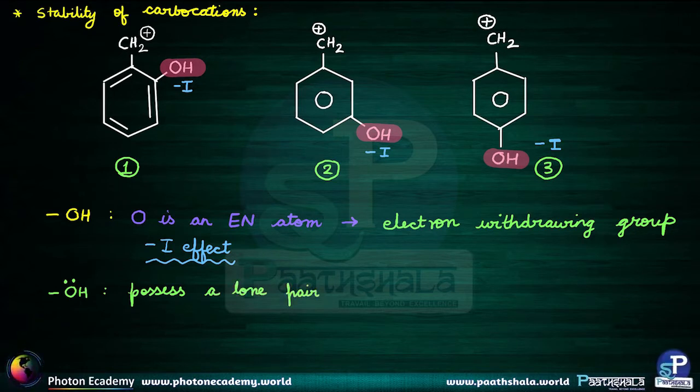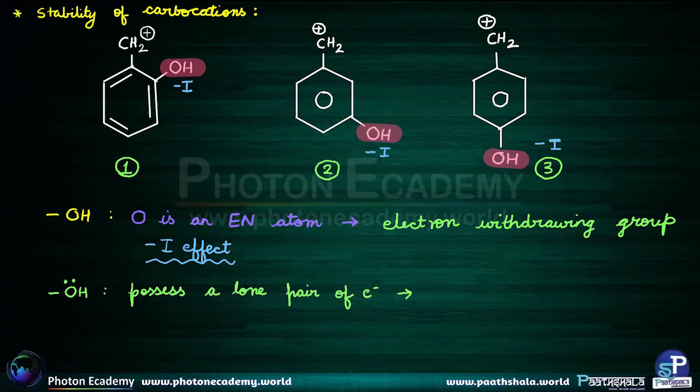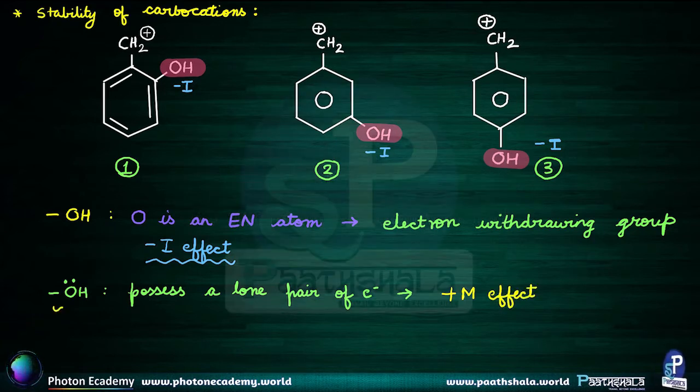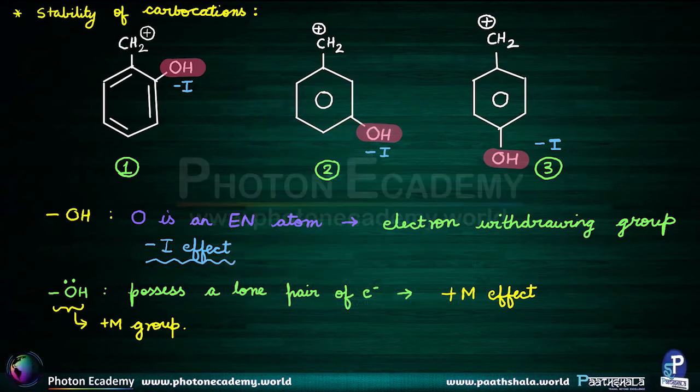Now, when it possesses a lone pair of electrons, we know that it will start showing plus M effect, and OH will start behaving like a plus M group, because we have been studying that any group which possesses a lone pair of electrons will start behaving like a plus M group.